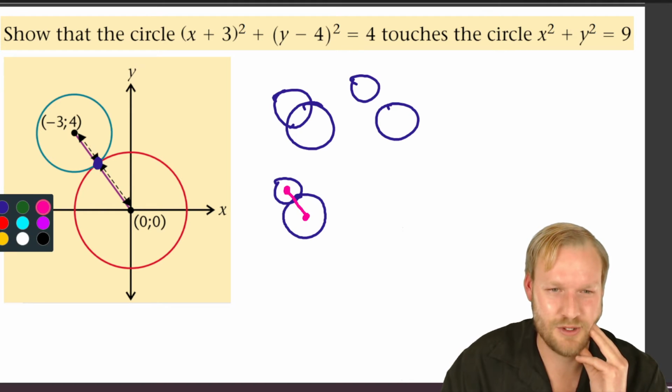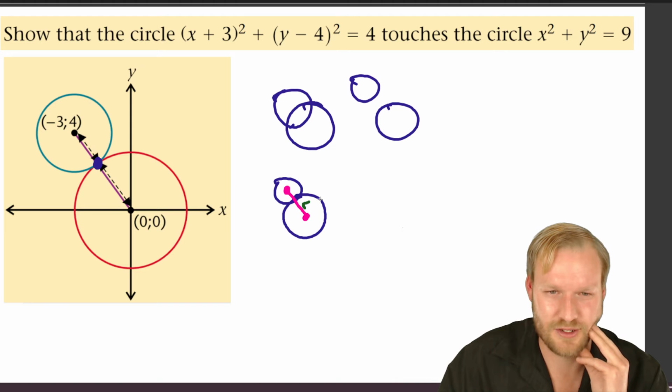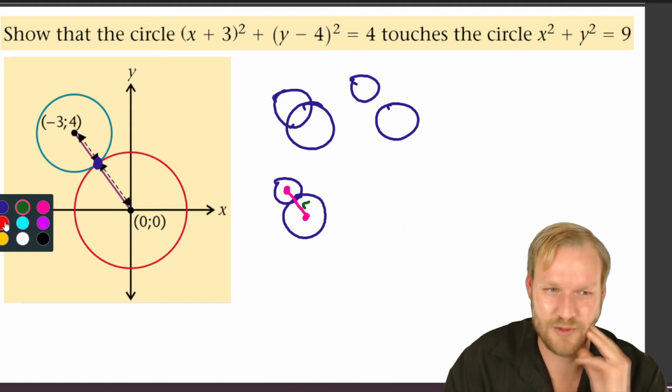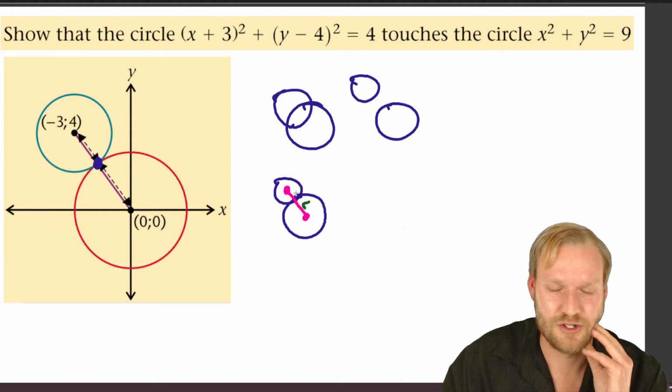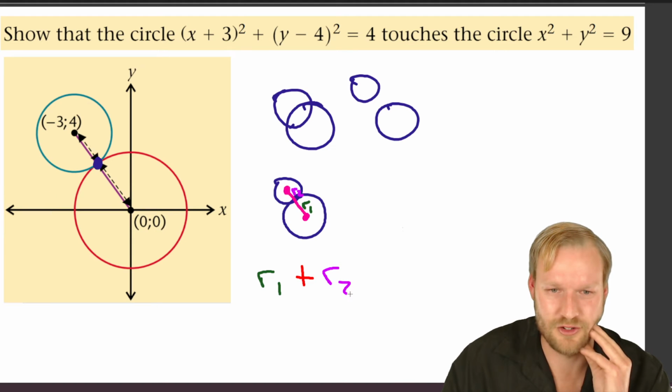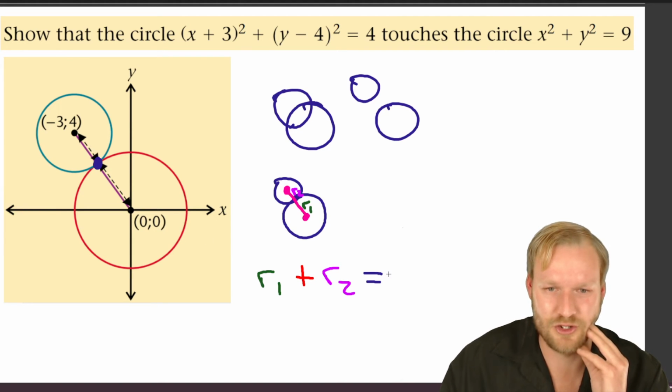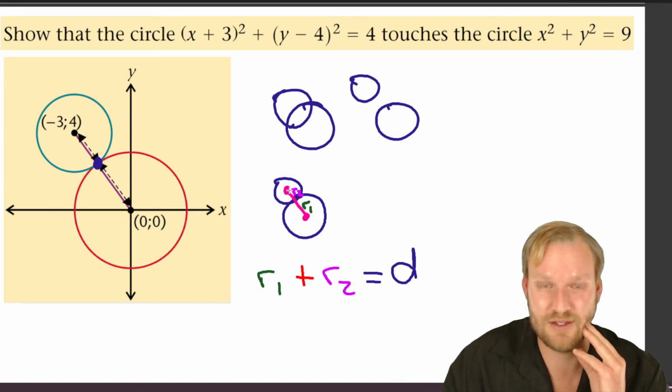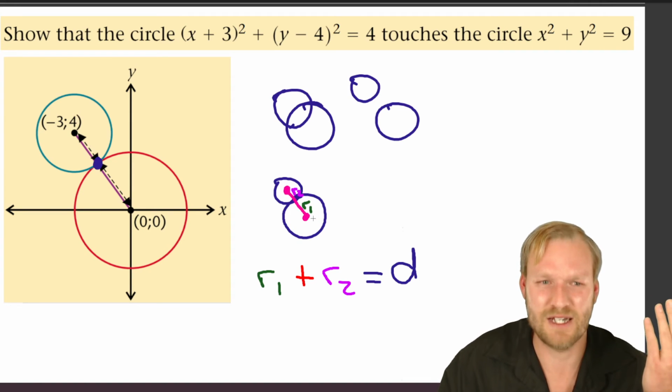If that is equal to the radius of the bigger circle plus the radius of the other one, so R1 plus R2, in other words, if R1 plus R2 is equal to the distance between the centers, then it must touch once.